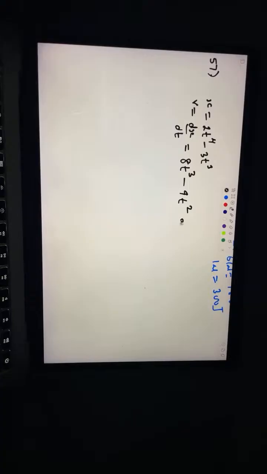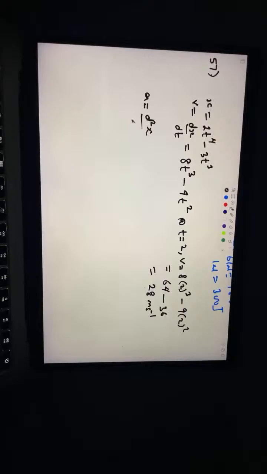So at t equals 2, our velocity will be 8 times 2 cubed minus 9 times 2 squared. This will be 64 minus 36, that would be 28. So the velocity is 28 meters per second. Now let's find the acceleration.